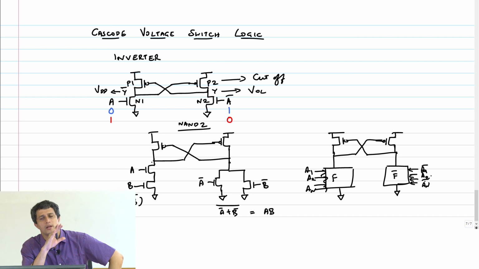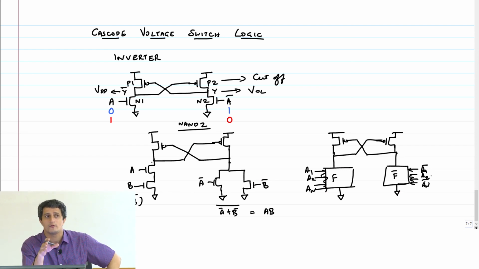So you can implement any arbitrary logic in a similar pseudo NMOS style, but avoid all this static current. Of course, the key assumption we are making is both input and its complements are available out here.